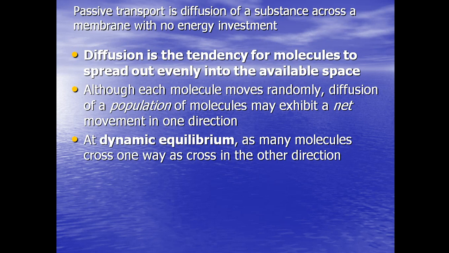How is this transport achieved? One is no energy investment: simple diffusion, which all of you know. Diffusion is the tendency for molecules to spread out evenly into available space, from the region of higher concentration to the region of lower concentration.